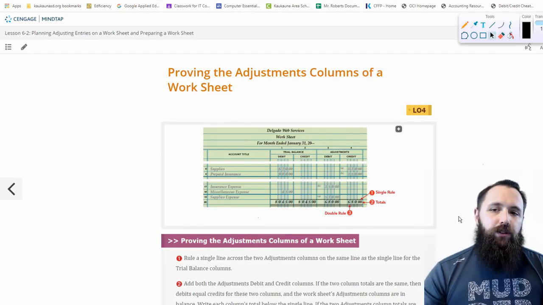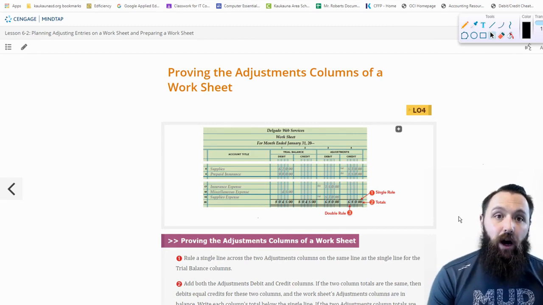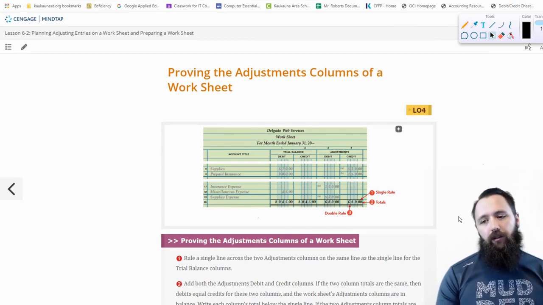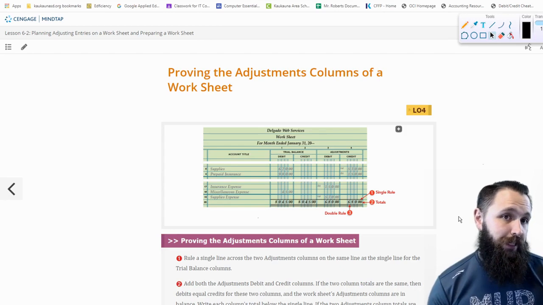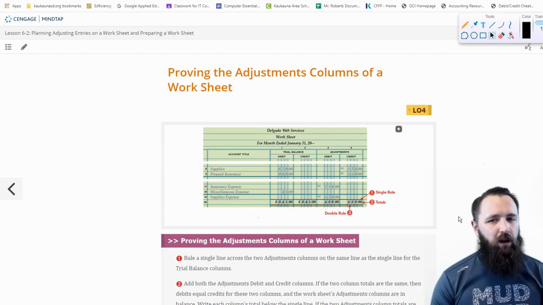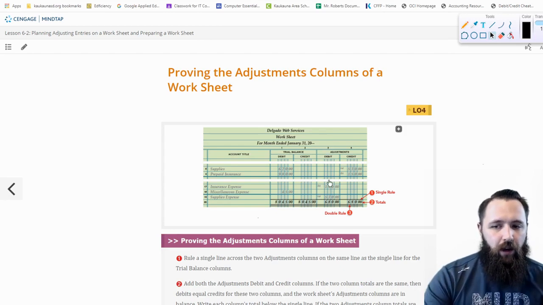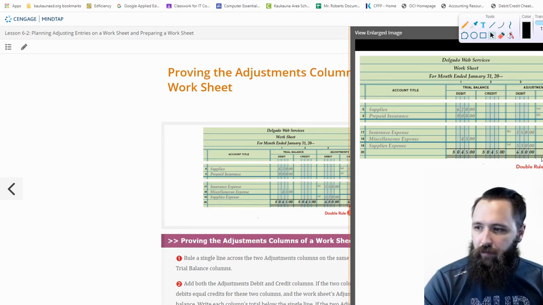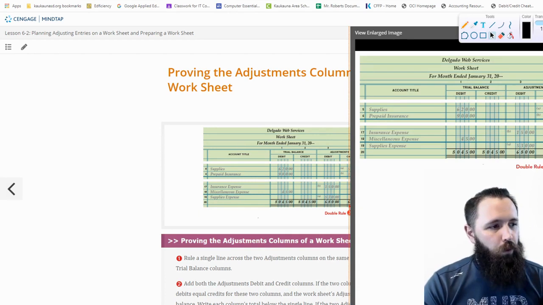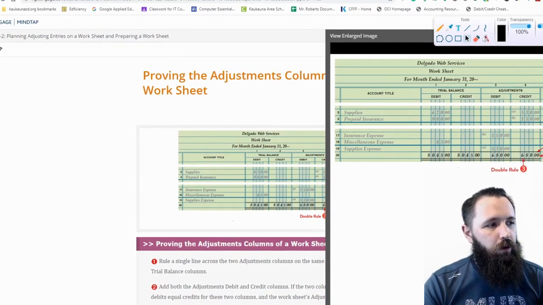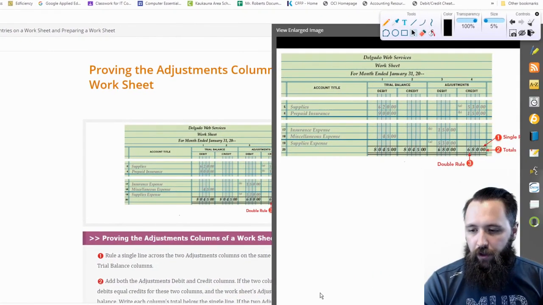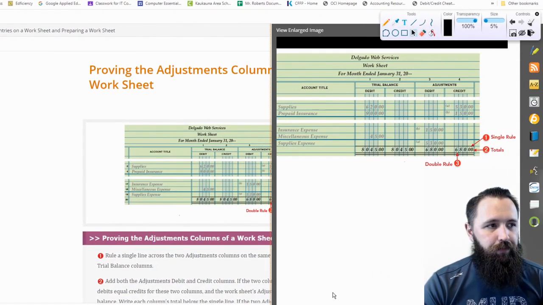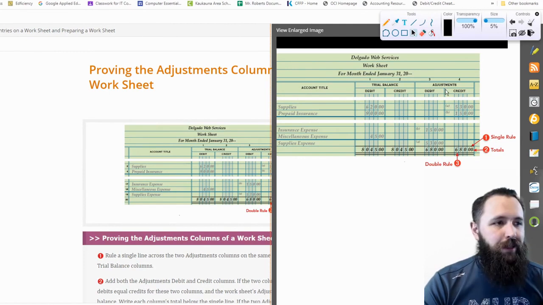And then here it's just talking about proving the adjustment column of a worksheet. So when we get to the end here, because that was all the hard part, all we're going to do is add up our debits and our credits. But if you look here, you can see that we're now in the adjustment column.